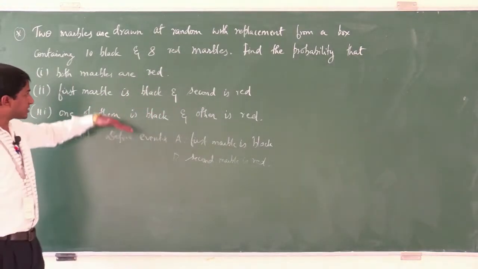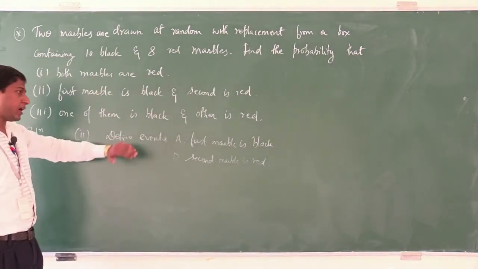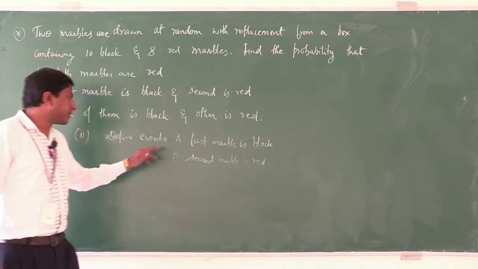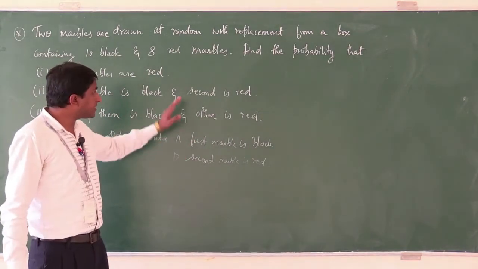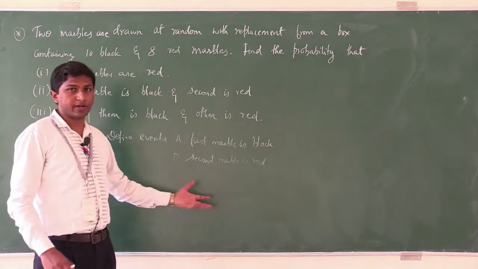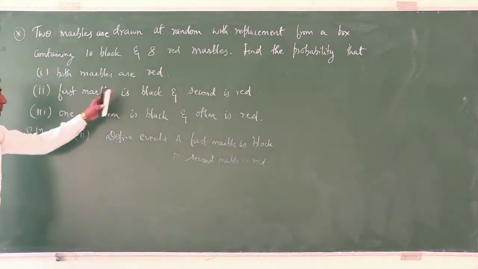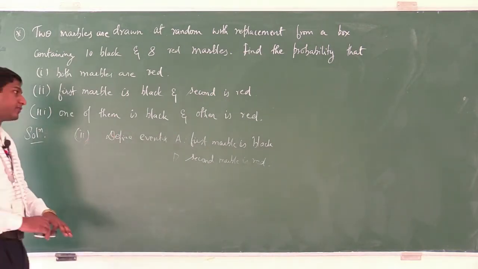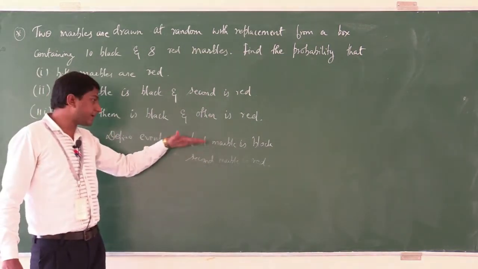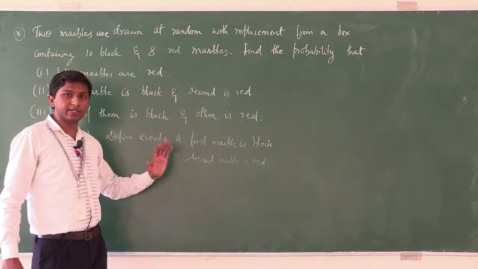Okay, just like the previous problem, I have defined 2 events here. Event A is first marble is black, event B is second marble is red. Now, what is the question asking us to do? We have to find out the probability that first marble is black and second marble is red.